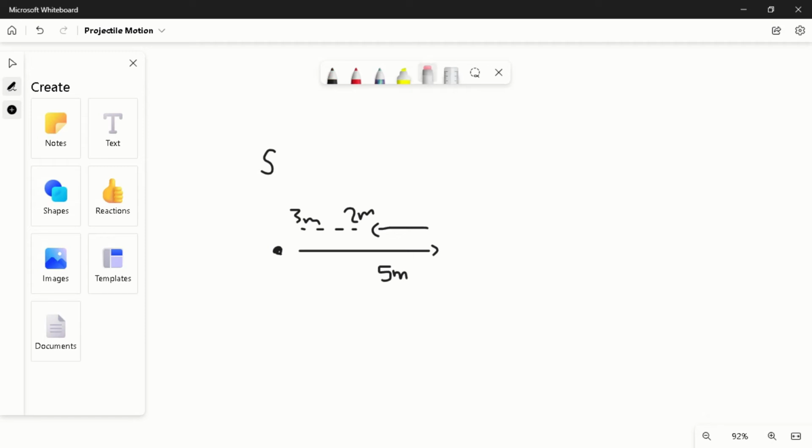Next one is velocity, which is how fast a projectile is moving, and it's given in meters per second or kilometers an hour. It's pretty obvious. We use cars every day, and cars show us how fast they're going in kilometers an hour. And we have acceleration, which is the change in velocity after a given time.